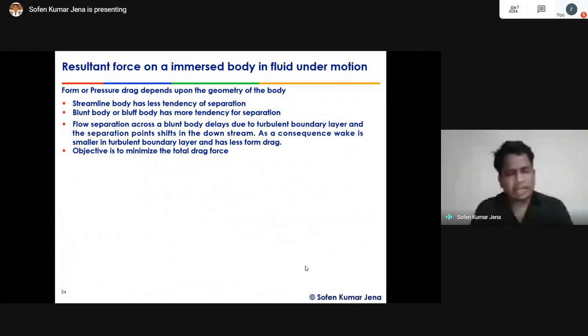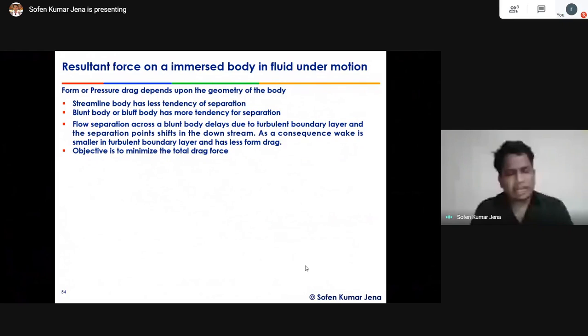If the flow is turbulent, then the separation point shifts downstream. As a concept, the wake formed is smaller in a turbulent boundary layer compared to the laminar, right?